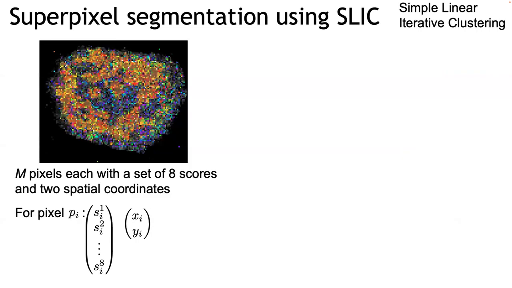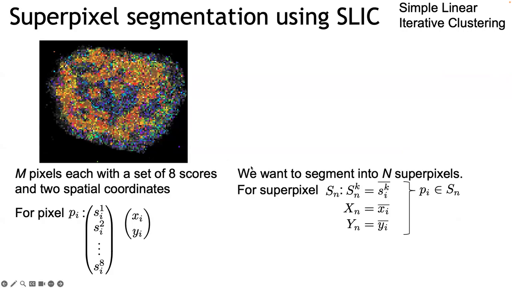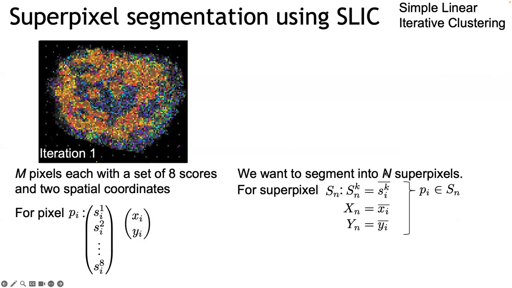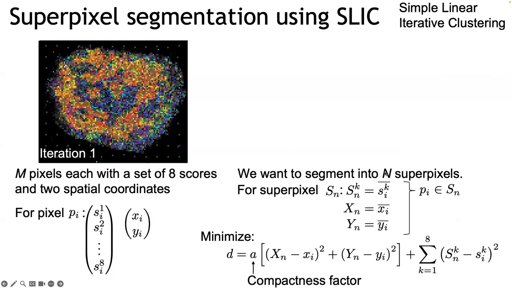And the way we do it is that we say, okay, I want to segment this picture into 100 superpixels. So I optimize this expression using an iterative approach. I declare a distance, which brings together the physical distance and the spectral distance.